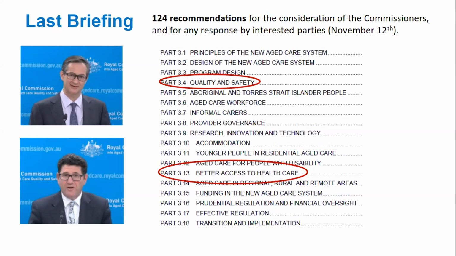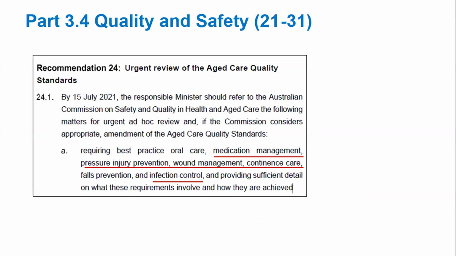So if we look at some under the heading of quality and safety and better access to healthcare. For example, recommendation 24, that there's an urgent review of the aged care quality standards. That includes medication management, pressure injury prevention, wound management, continence care, and infection control.